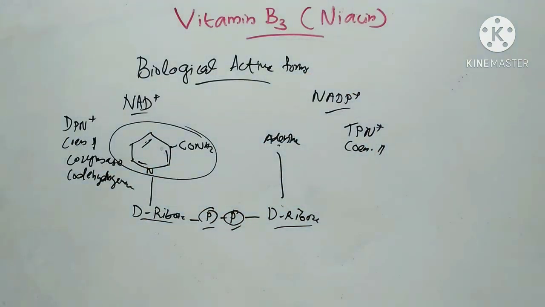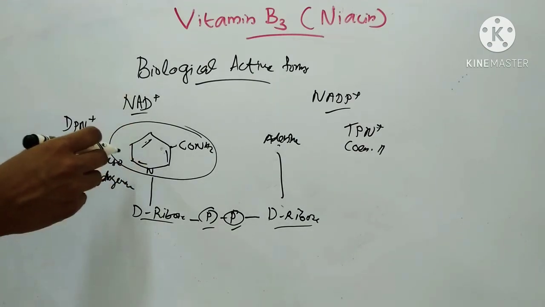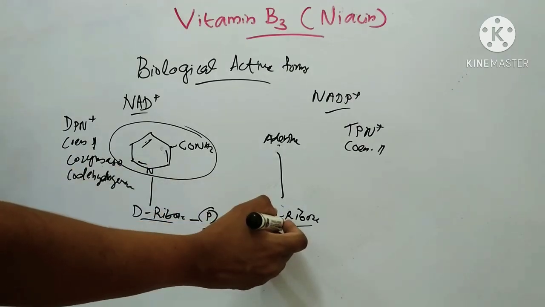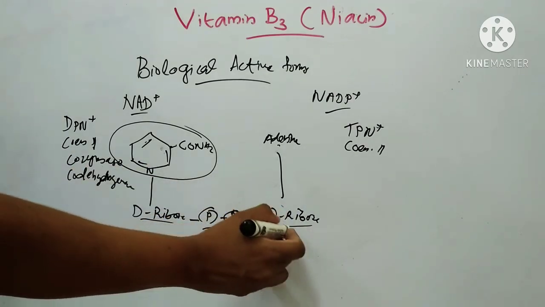NADP plus differs from NAD plus in that it contains an additional phosphoric acid attached to the second position of D-ribose attached to the N9 of adenine. So here one more phosphoric acid will be there.